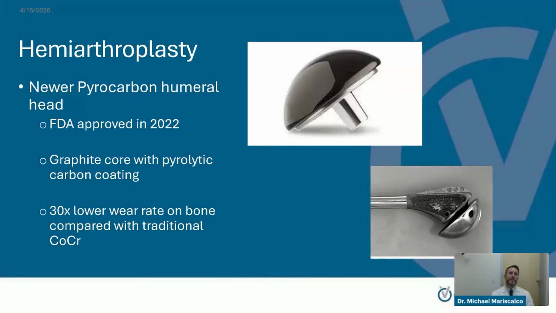So I think these newer surfaces and materials have allowed us to present options to patients that certainly weren't available over a decade ago, and that can likely make it a better long-term option in the right indication.